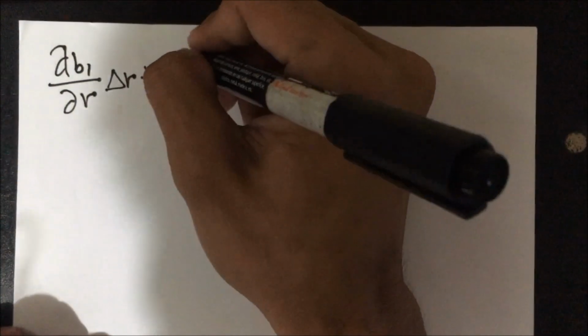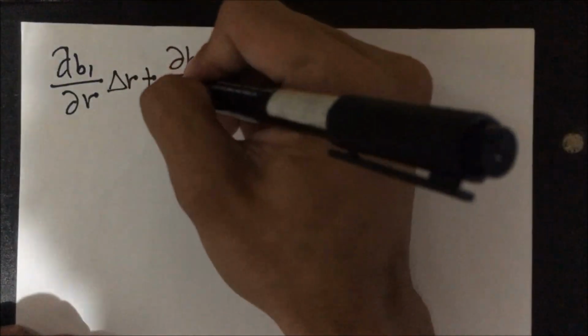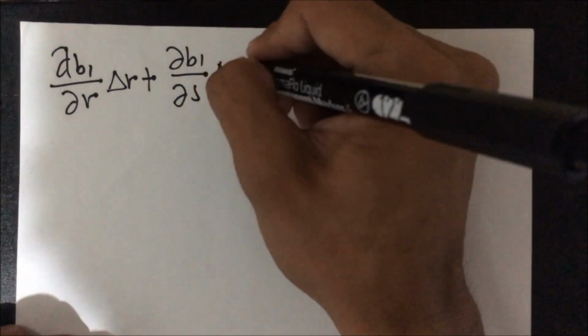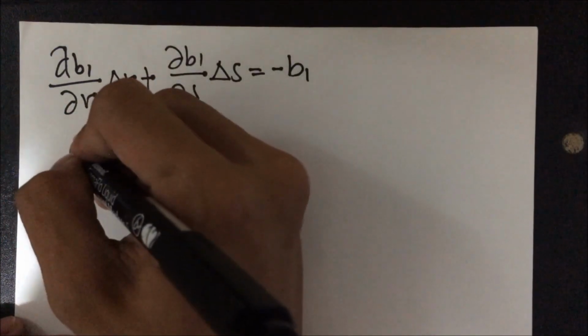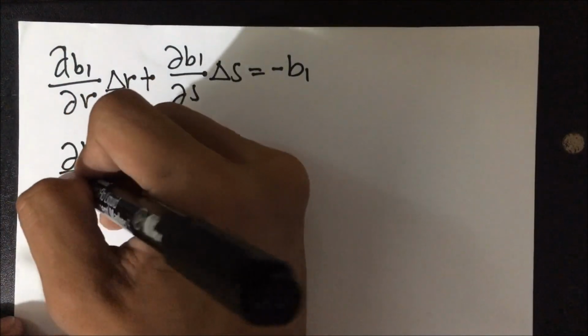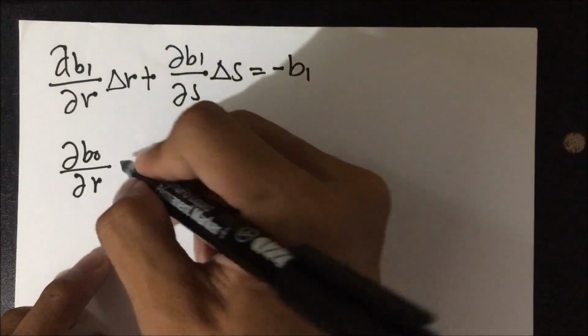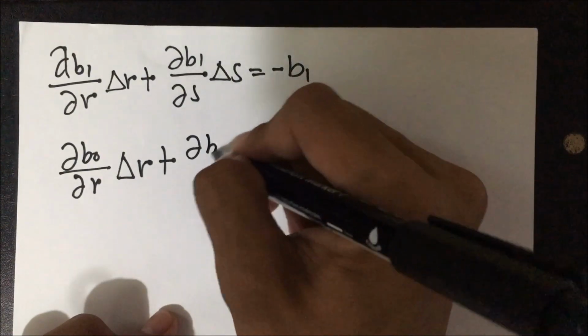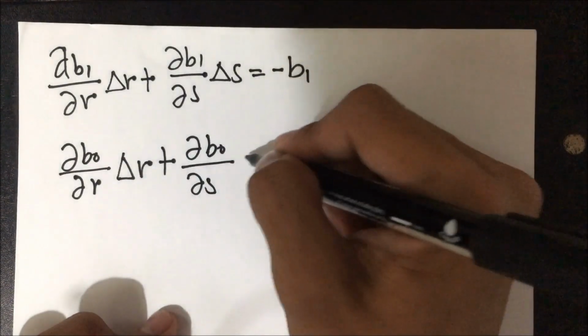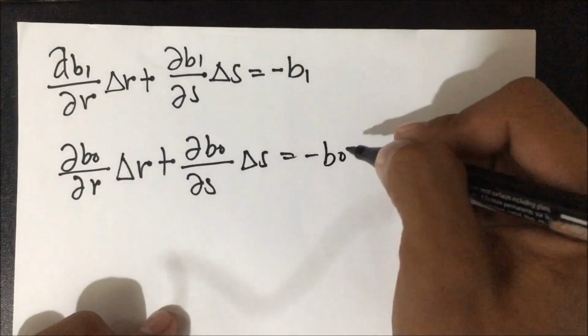To solve the system of equations, partial derivative of b sub 1 over partial derivative of r delta r plus partial derivative of b sub 1 over partial derivative of s delta s is equals to negative b sub 1, and then partial derivative of b sub 0 over partial derivative of r delta r plus partial derivative of b sub 0 over partial derivative of s delta s is equals to negative b sub 0.